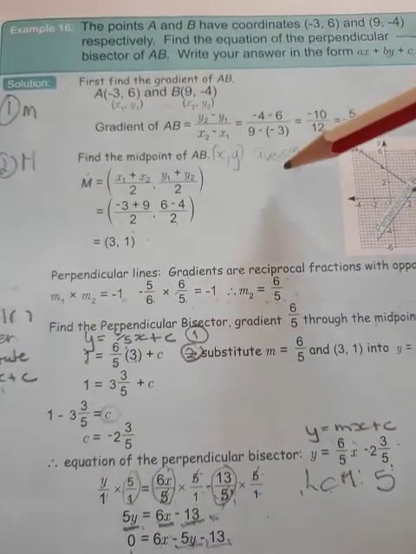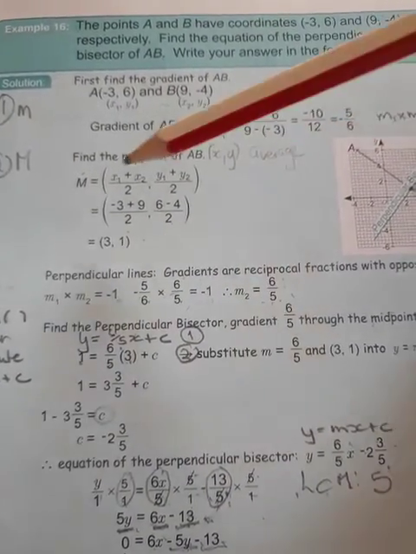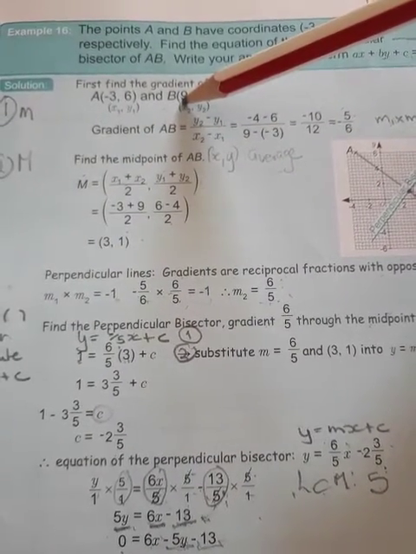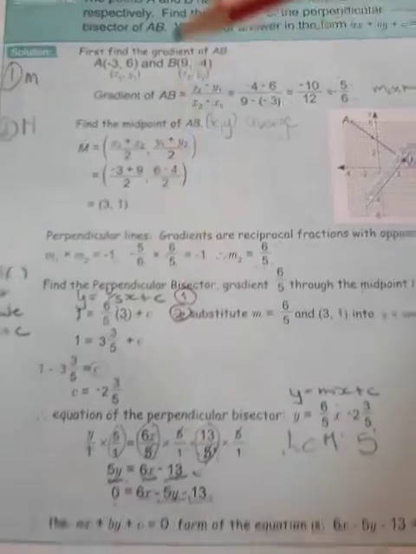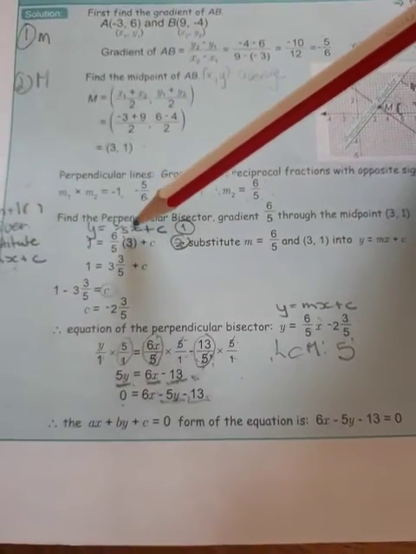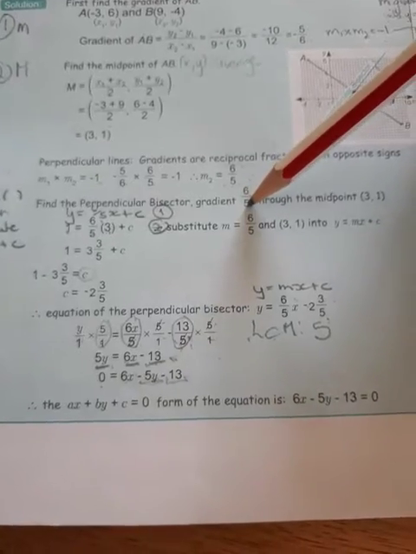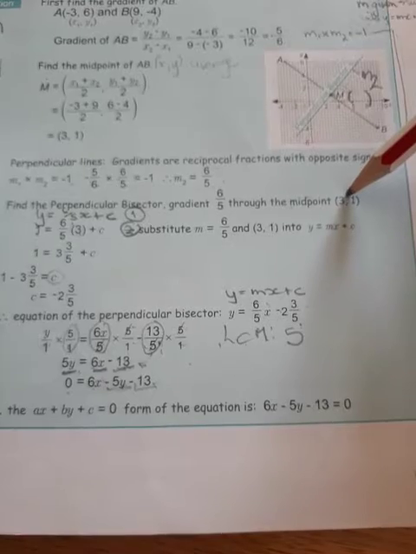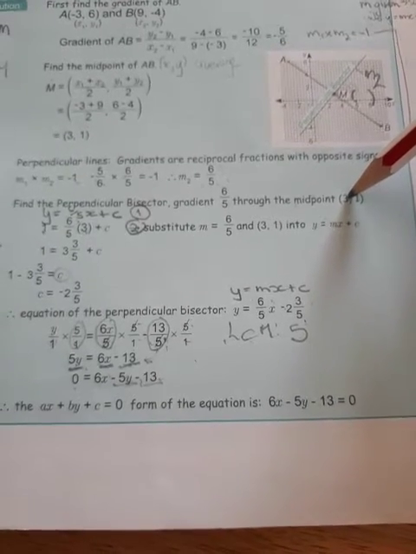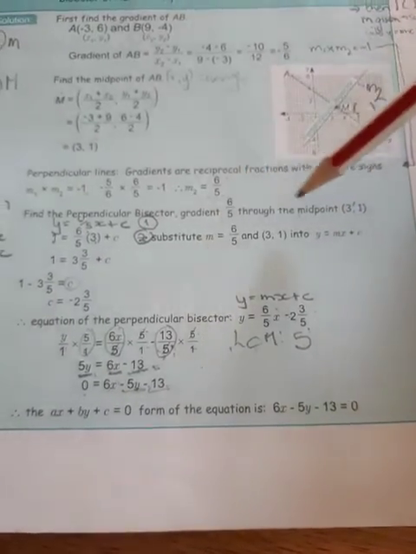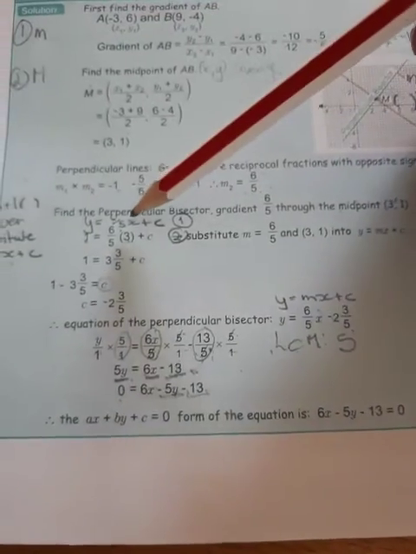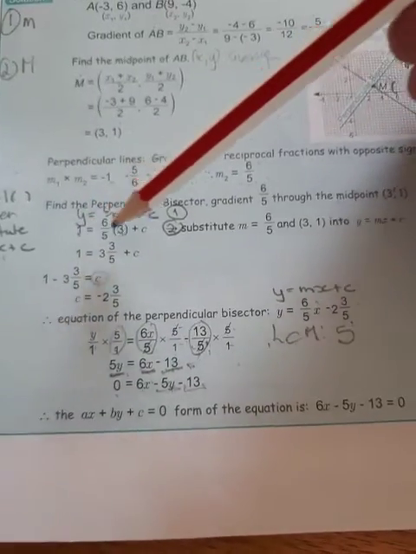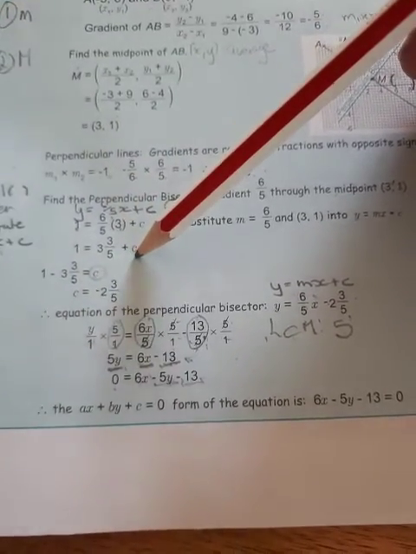The midpoint is calculated from averages of your x and your y coordinates, which are given in your A and B. And then thereafter you've got the gradient for the perpendicular bisector, and you've got one of the coordinates, which is the midpoint. So with the gradient and one coordinate given, we substitute m, the gradient. Then we substitute x and y to calculate c.